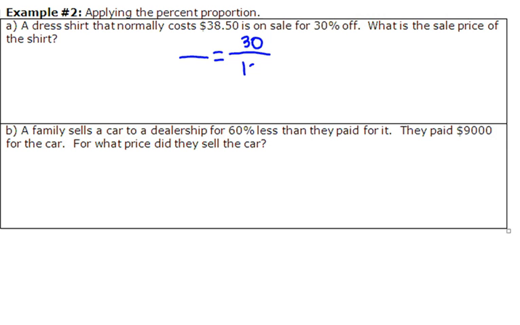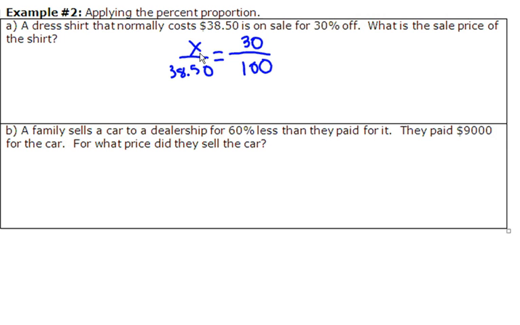So that's our percent. Now we're trying to figure out what the discount is when we have a shirt that normally costs $38.50. So the $38.50 is going to go in the denominator because that's the whole. The part of it we're looking for is the discount. So that's where my x goes on the top, or in the numerator.